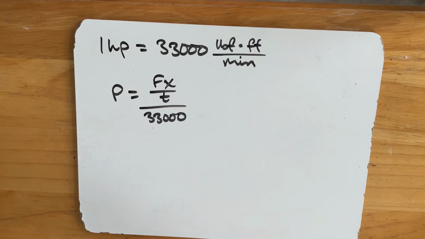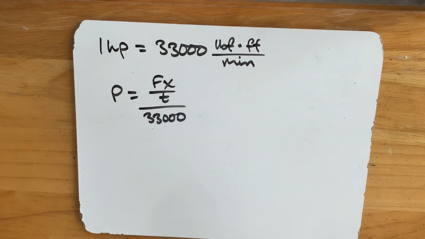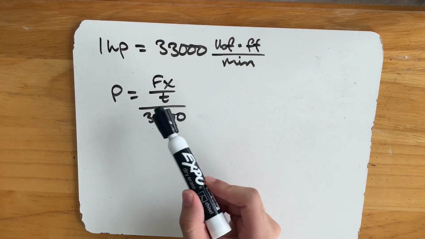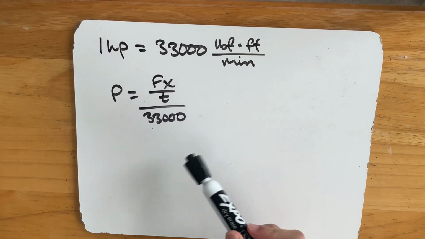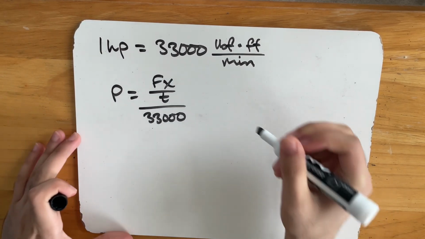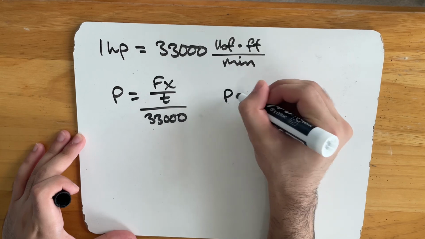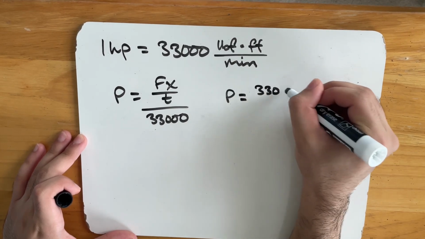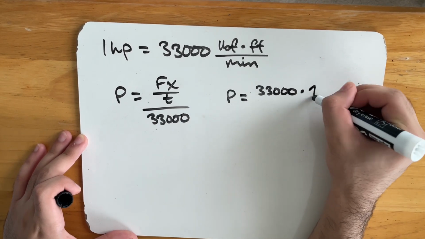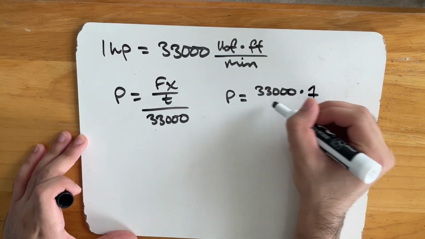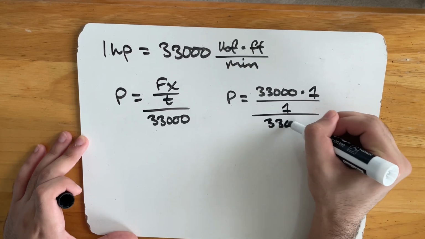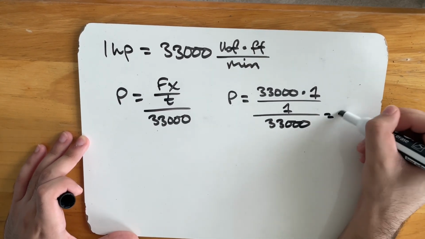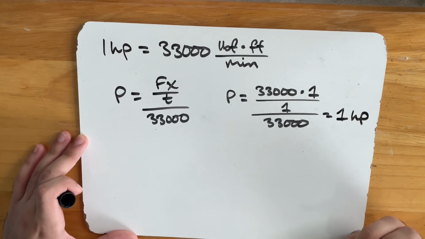So if my F is 33,000 pounds force, our displacement is 1 foot, and our time is 1 minute, my power is going to be 33,000 pounds force times 1 foot over 1 minute, over 33,000. And what do you know? That's all equal to 1 horsepower. So our equation checks out.